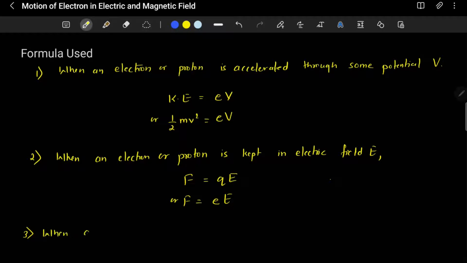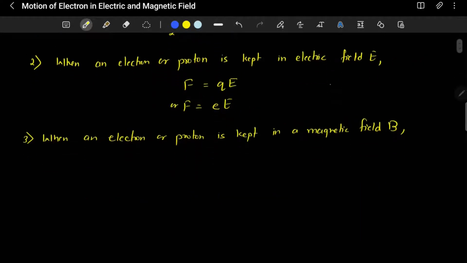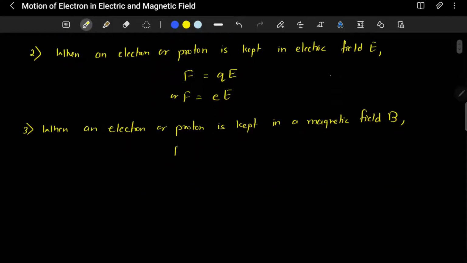Similarly, when an electron or proton or some charged particle is kept in a magnetic field B, then the force on the charged particle is given by BqV sin theta, and if it is a proton or electron, then the force will be equal to BeV sin theta.